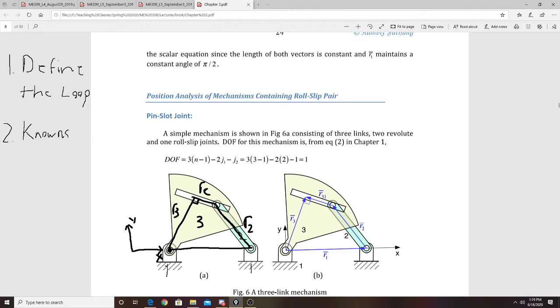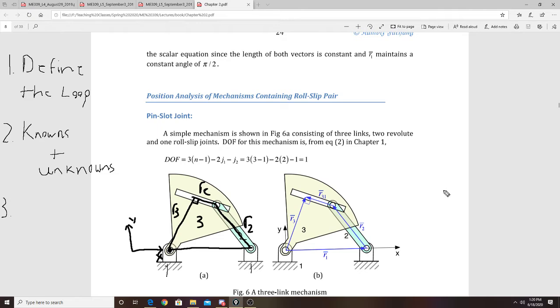What am I doing? Plus unknowns. Oh, man. I cannot draw. All right. So, knowns and unknowns, right? So that is step 2.